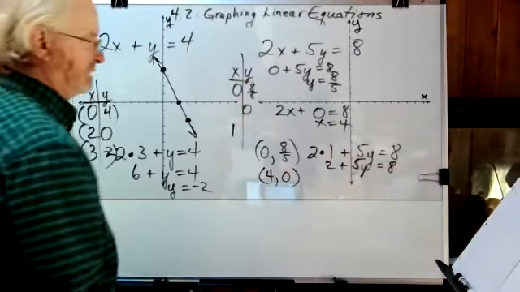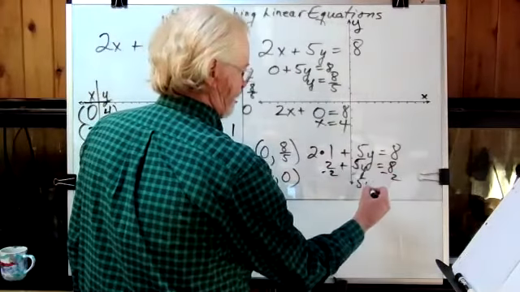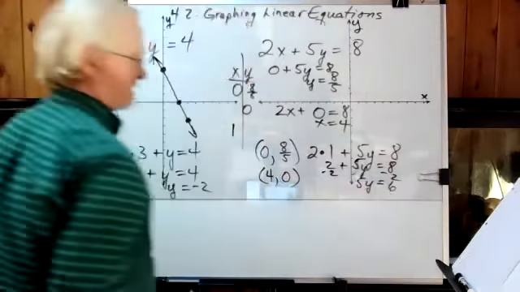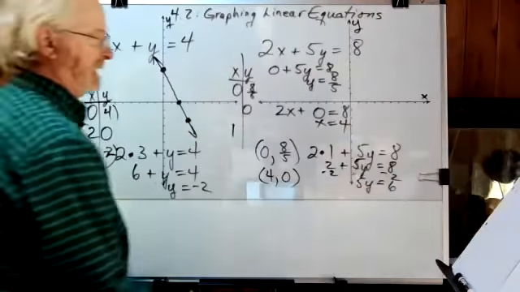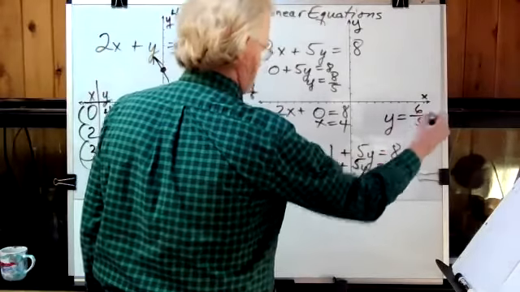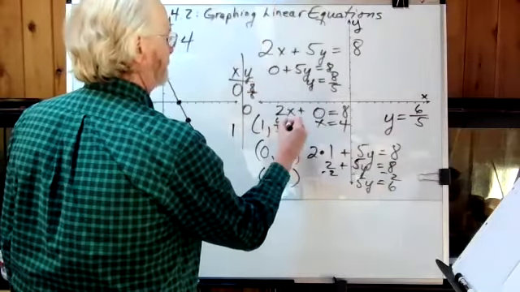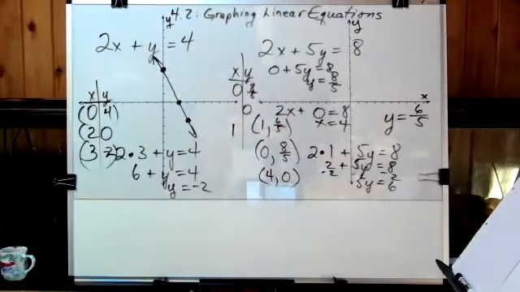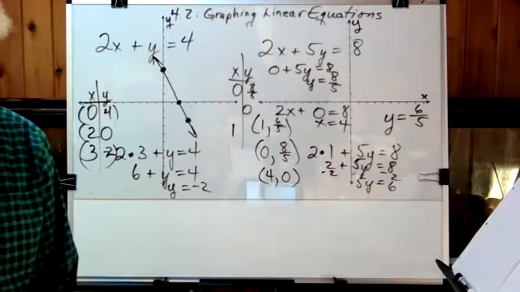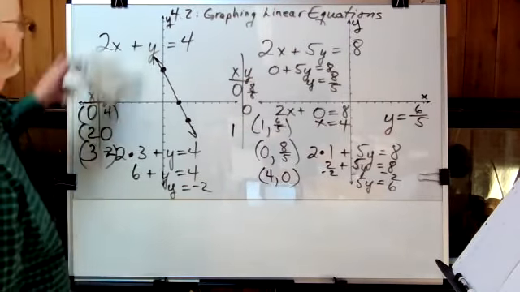Subtract the 2. 5y equals 6. And divide by the 5, and I'm going to get y equals 6/5. Kind of went all around too much there. Is everybody okay with my calculations there?